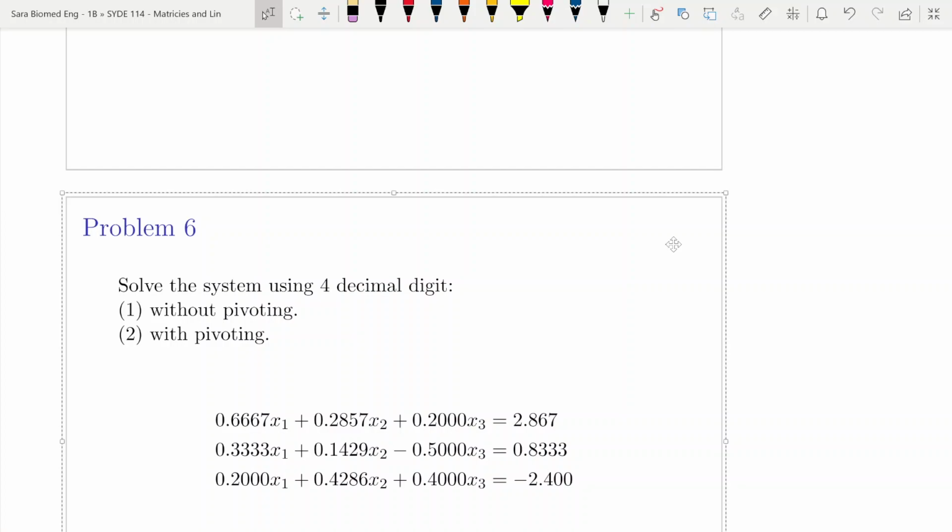So here it is 1, 2, 3, 4, 5, 6, 7, 8, 10, 11, 12, 13, 14, 16. So we're using 16 digits, compared to here, we're only using 5.